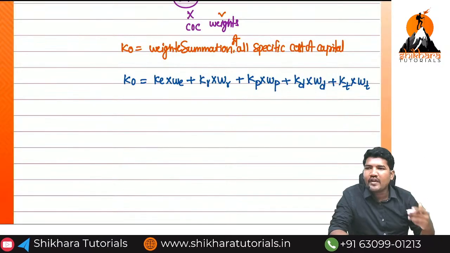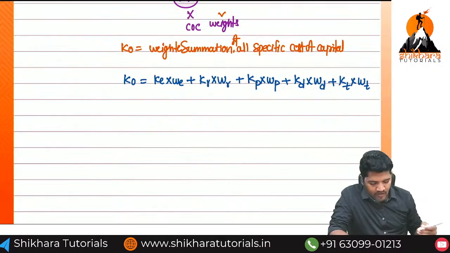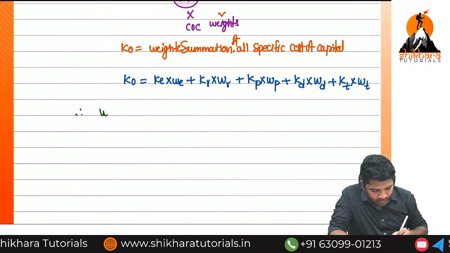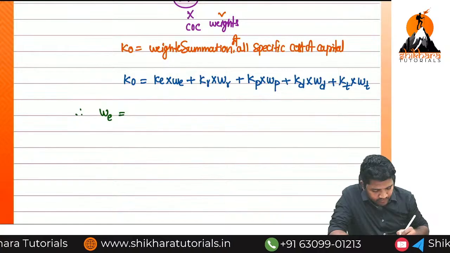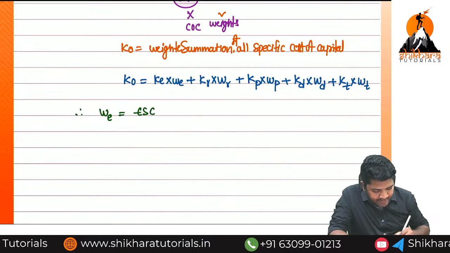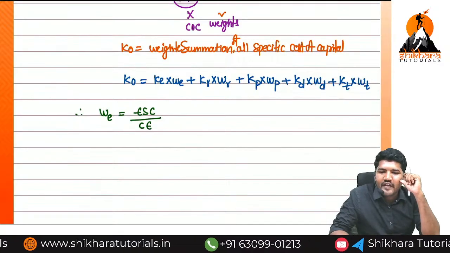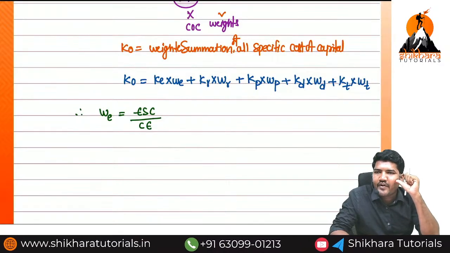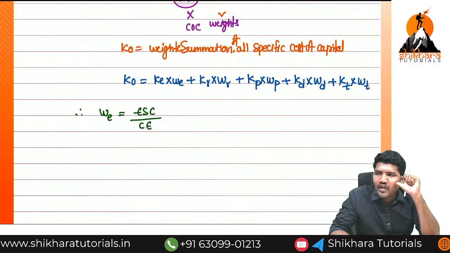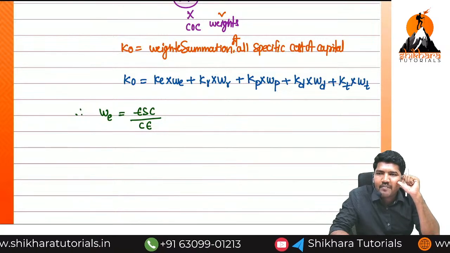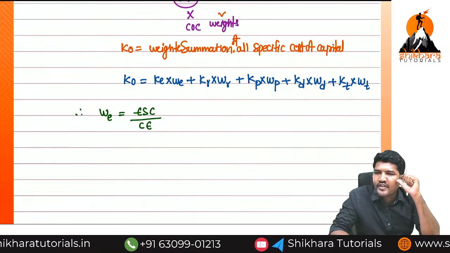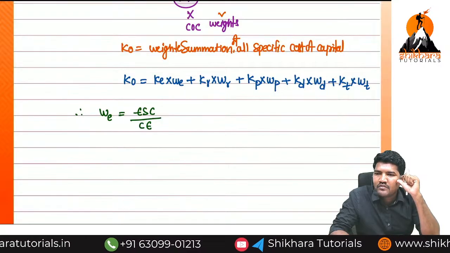But how to calculate the weight of equity? Weight of equity equals the amount of equity share capital divided by capital employed. How much did you procure, as per example?